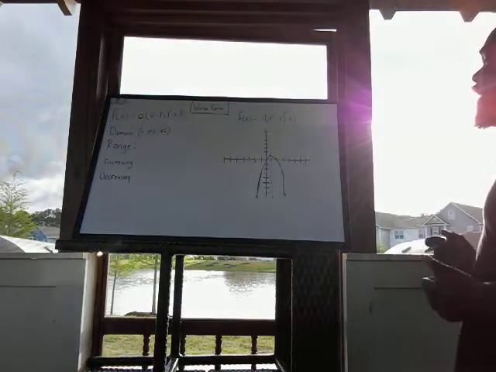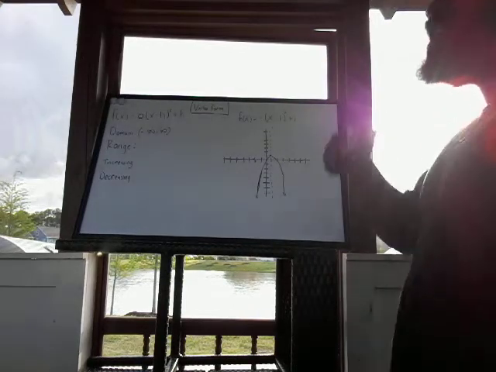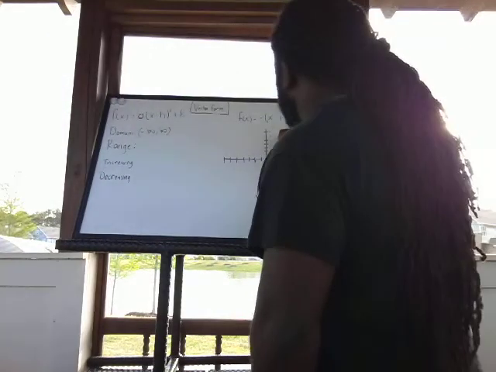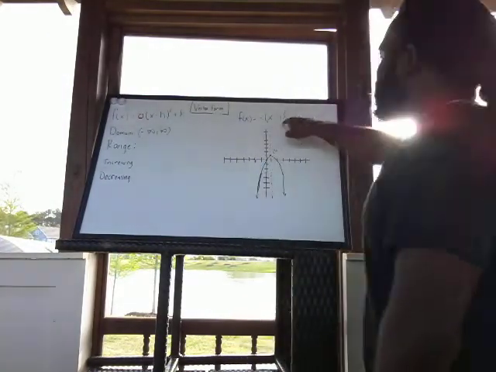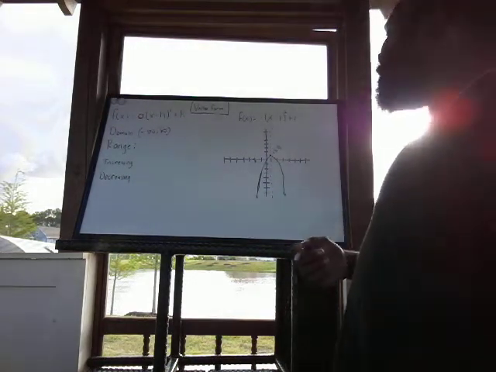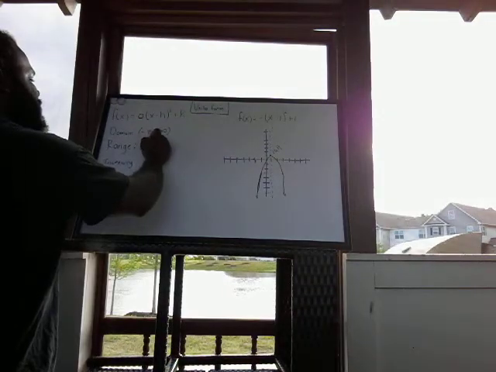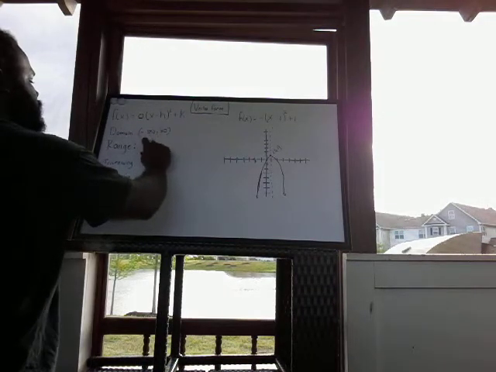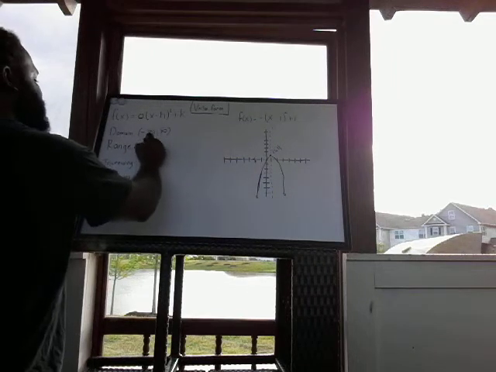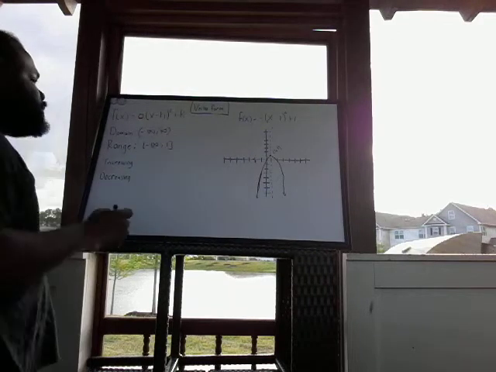All right, so for my range, it's opening downward, which means my y values will be less than whatever my vertex y value is. Remember, my vertex is (1, 1), so the y value for my vertex is 1, which means my range will go from negative infinity to positive 1.